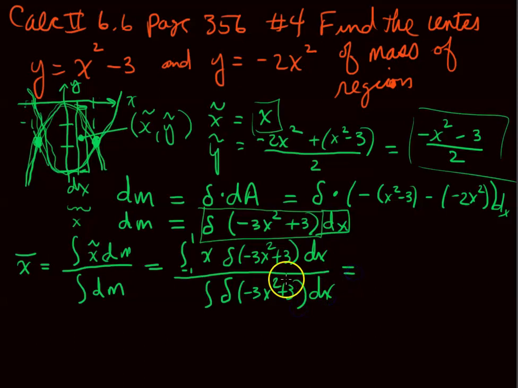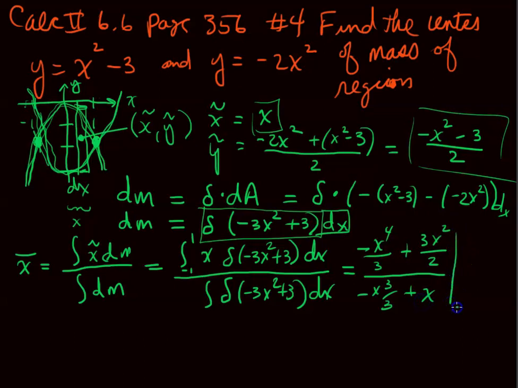Now I can go through all those steps, but it really is just doing some algebra until you get this down to a polynomial, and take the antiderivative of all the polynomials. You get a negative x to the fourth over 3 plus 3x squared over 2, over negative x cubed over 3 plus x.